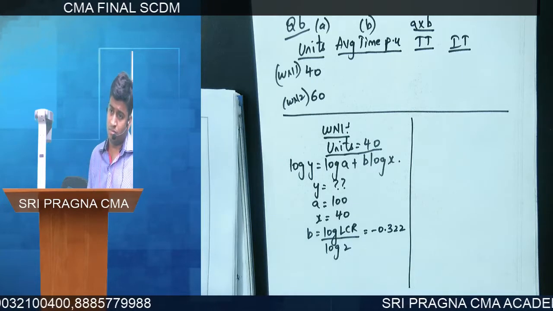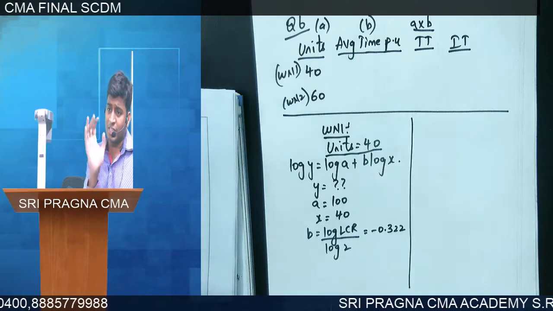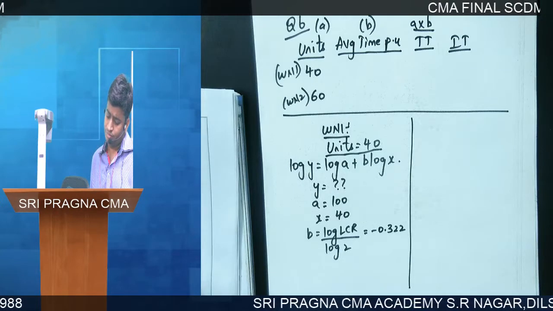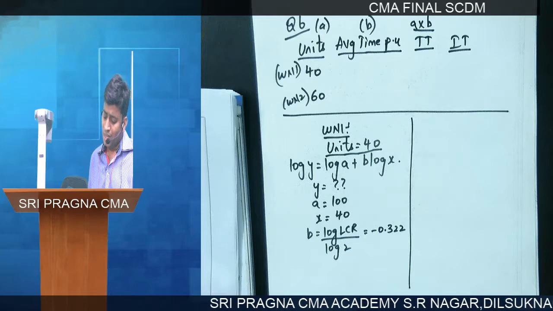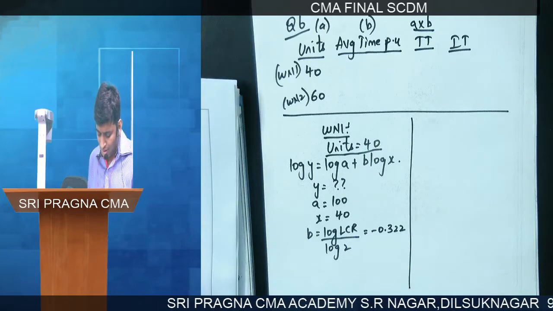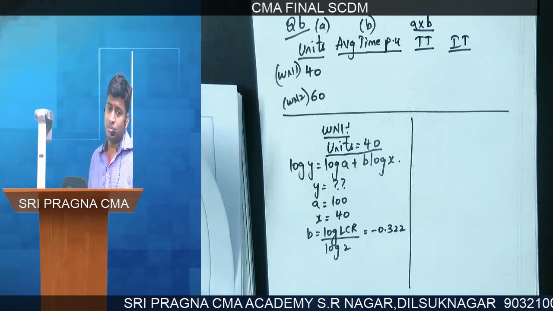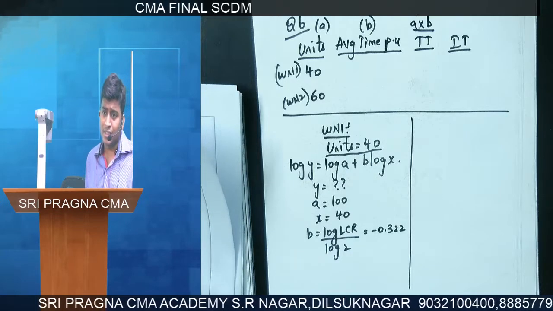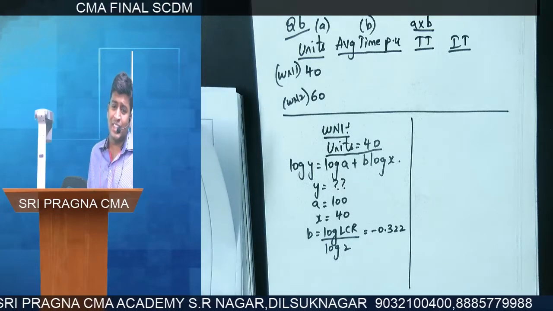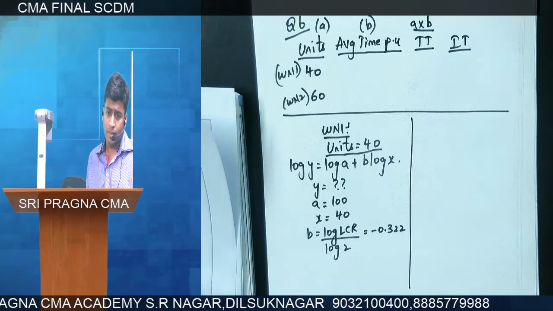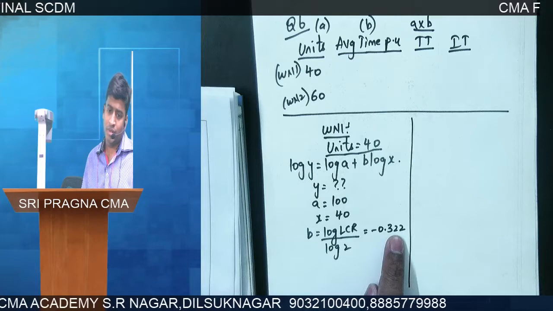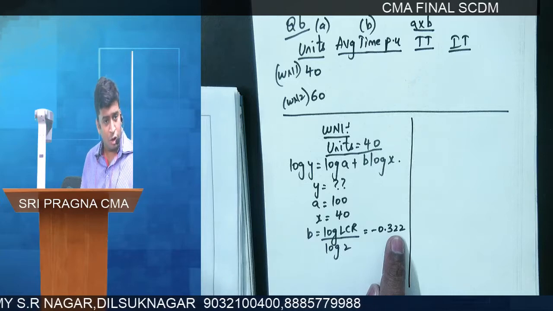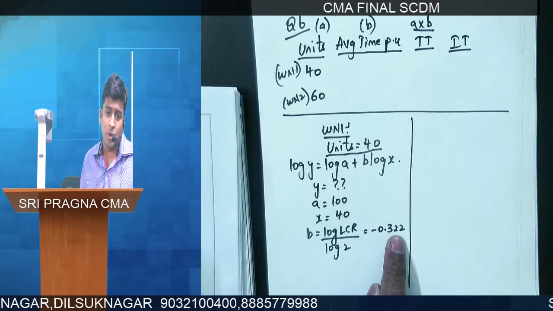It is -0.322. Now, how many problems did we do for logarithm till now? Go to question number 9. What was the learning curve ratio there? What was the value of b in the solution? The same came here, but here he gave it directly. I'm just showing you what he gave. We also did this calculation and got -0.3219.